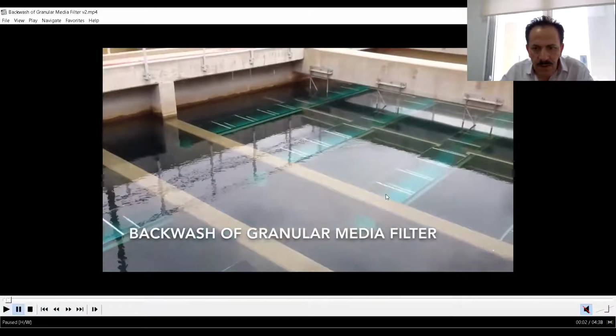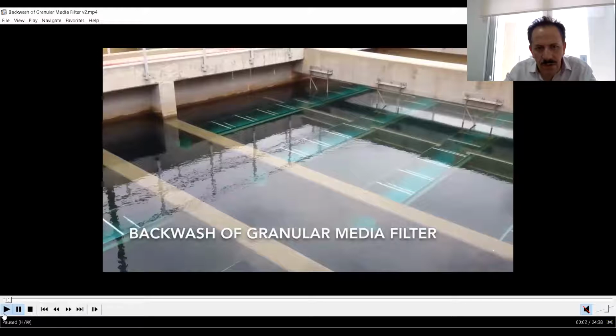Under these blue troughs there is about 60 centimeters, so 1 meter is the clean depth of water. Then there will be the filter media, and after the filter media there will be regular sand and rock.